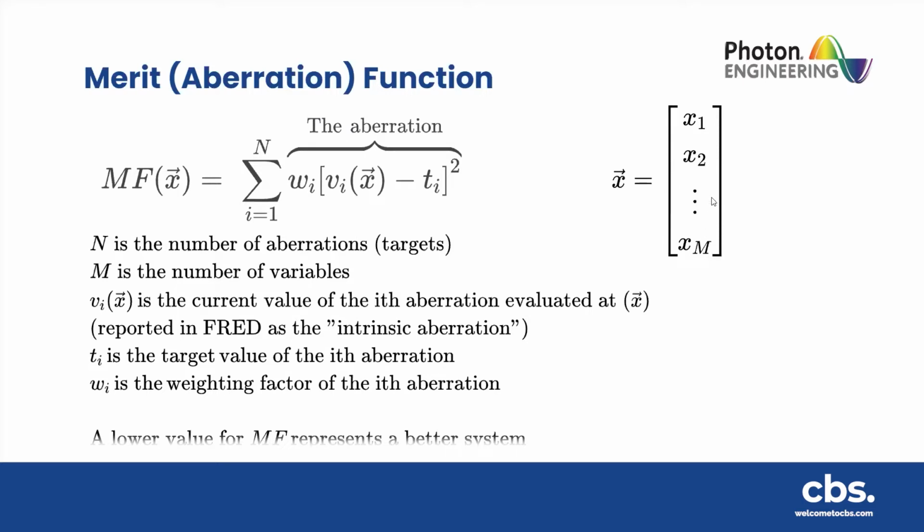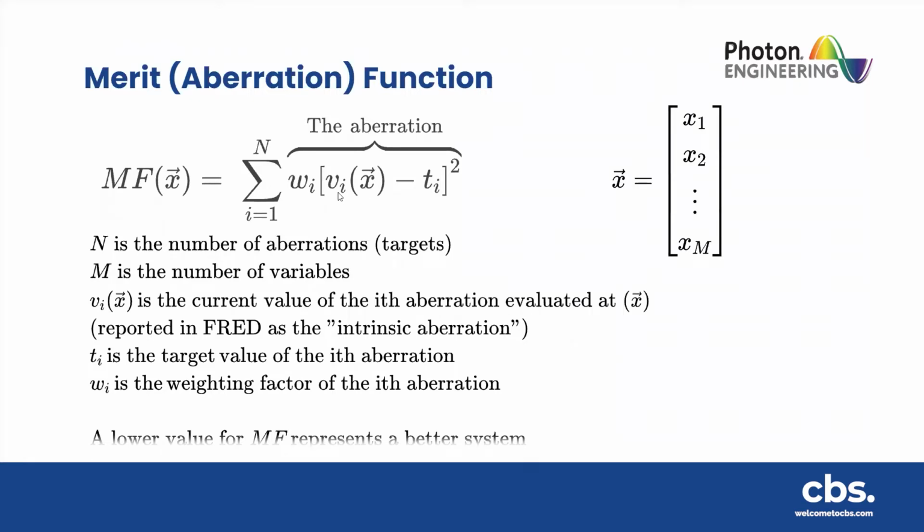So these all describe things that we are free to change. And when we've chosen values for these, which is something that the actual optimization function does, that defines some position x in variable space.